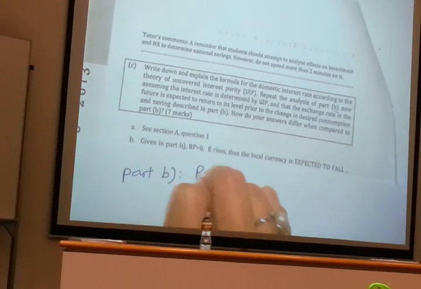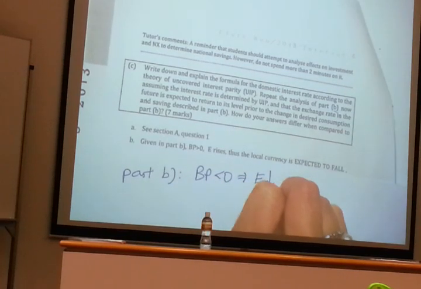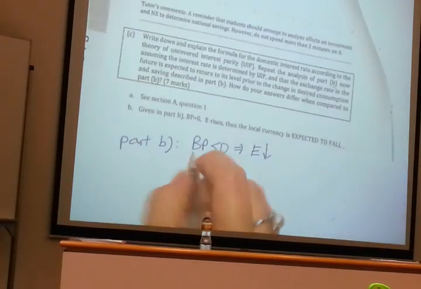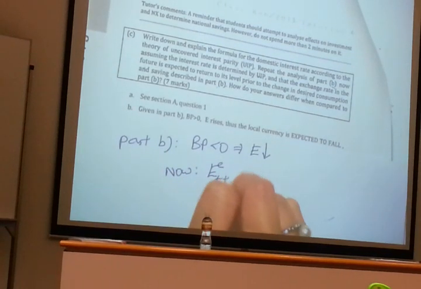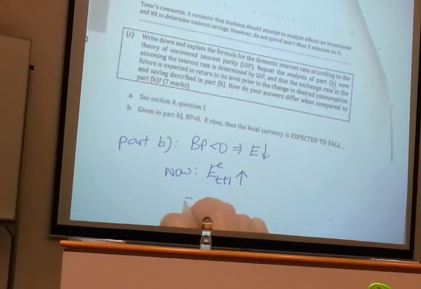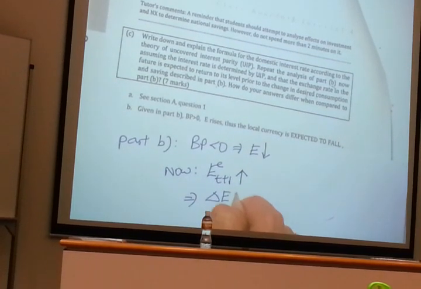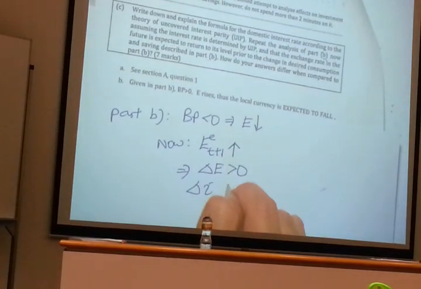In part B, BP was a deficit, currency weakened. But now, the question says the currency is expected to return. So you apply the UIP. Exchange rate movement is positive. Interest rate gap should be negative.